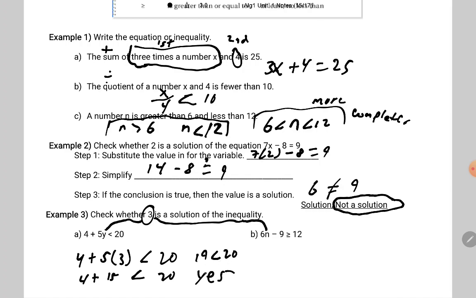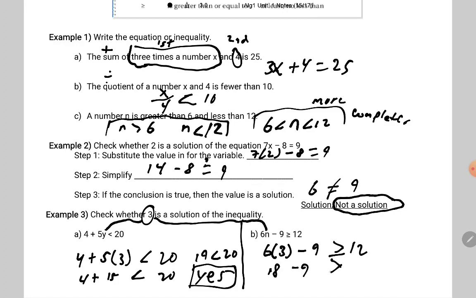So yes, it is a solution. Okay. 6 times n, so 6 times 3 minus 9, is that greater than or equal to 12? 6 times 3 is 18 minus 9, is that greater or equal to 12? 18 minus 9 is 9. Is 9 greater or equal to 12? No. 9 is not bigger than 12.